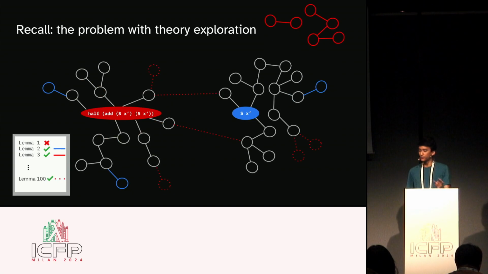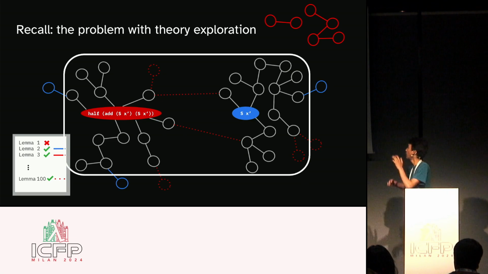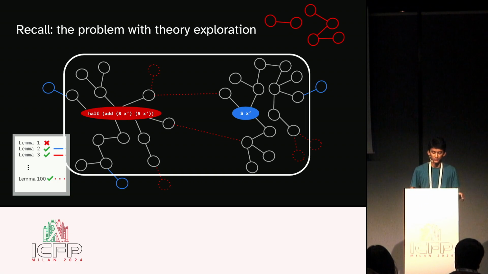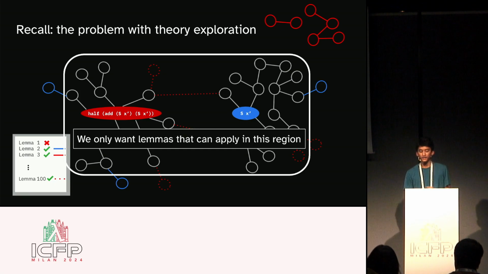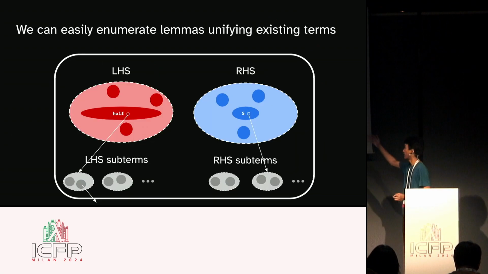Now, I want you to recall the second problem. And this is the more salient problem with equational theorem proving, which is theory exploration. We had hoped that if we could enumerate terms in this region, then we could at least find lemmas that are not useless, like lemmas 2 and 3. Well, it turns out that egraphs allow us to do just that. That region is specifically just the egraph itself.